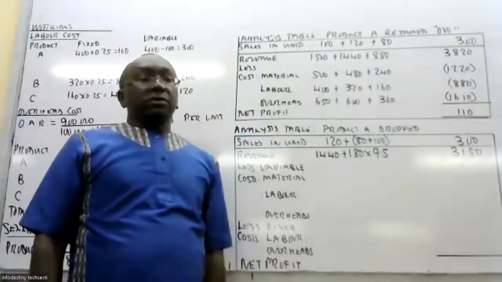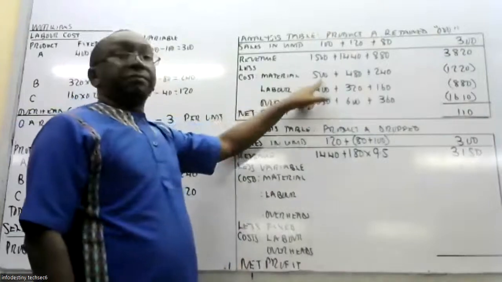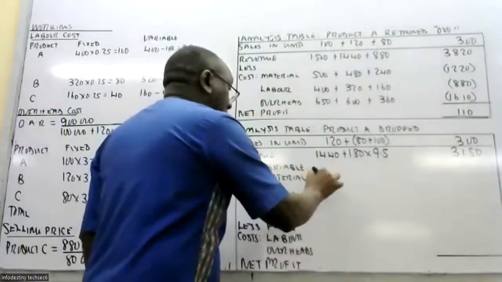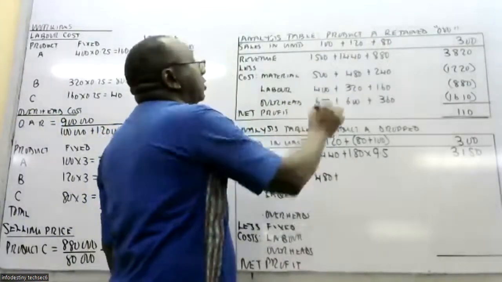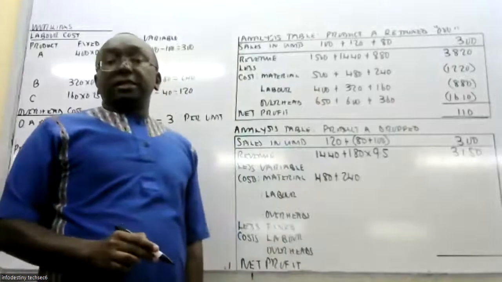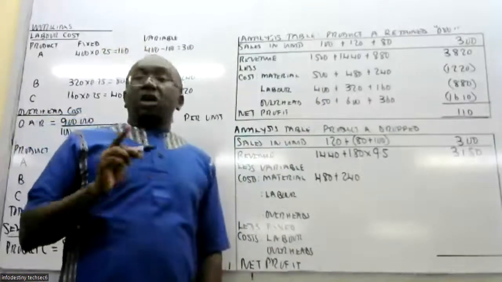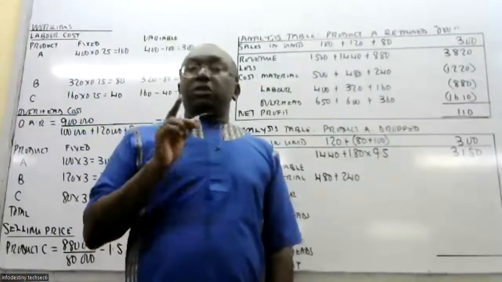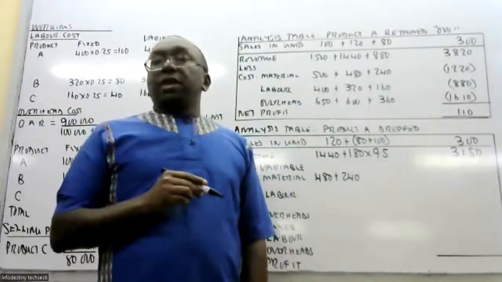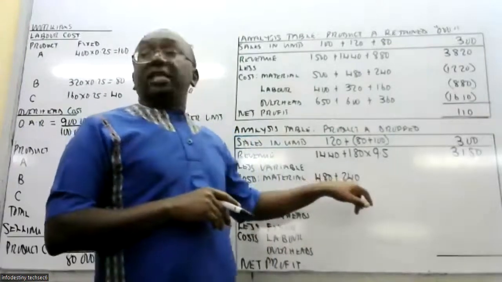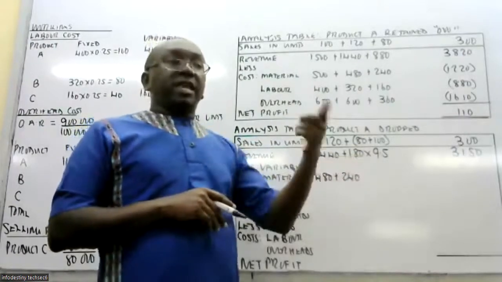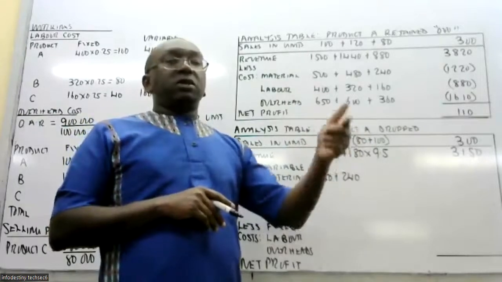Now material, this one will be no more, but this one for B will remain. This one for C, 240, will remain. But I said earlier, a cost is called variable if the total amount will change as the number of units change. You can see this one was for 80 units, but now we are looking for 180 units. So the units have changed, and therefore the variable cost must also change.